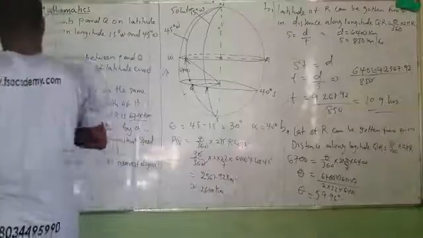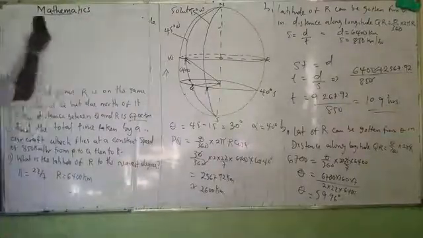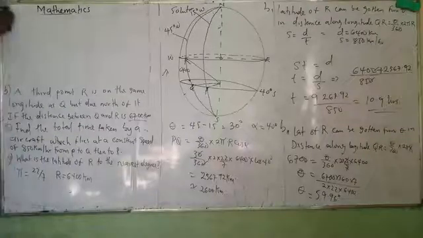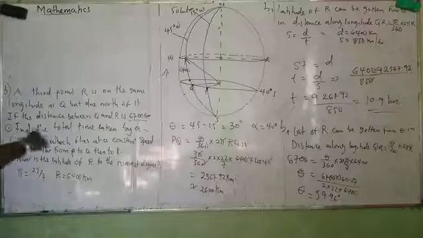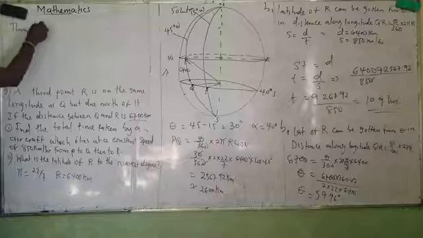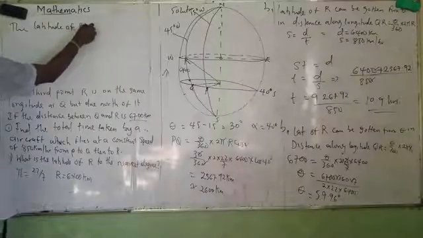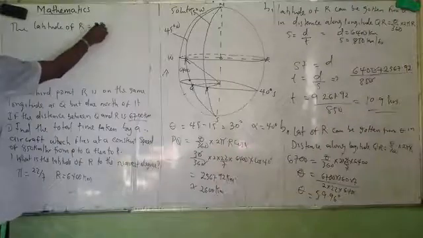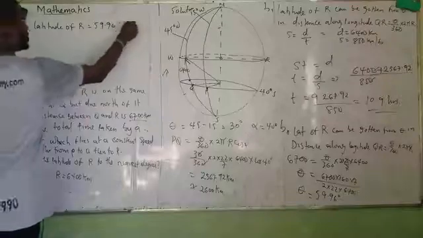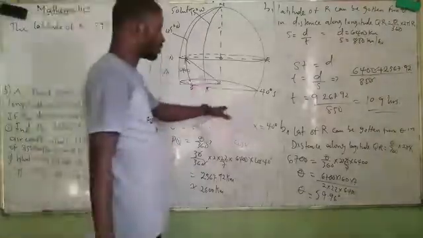Permit me to rub part of the question. I'm now on this part. That cannot be my answer because we are talking about the latitude of R, which will be 59.96 minus 40, minus because they are of the same part.